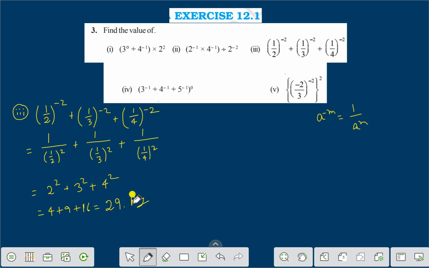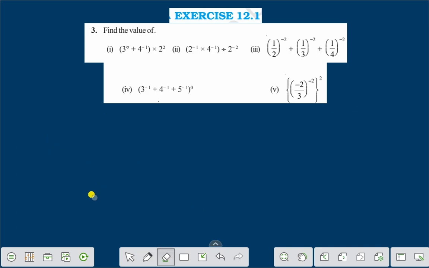Now let's solve question number 4. Question number 4 is 3 to the power minus 1 plus 4 to the power minus 1 plus 5 to the power minus 1, whole to the power 0.